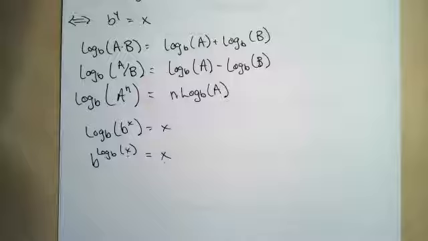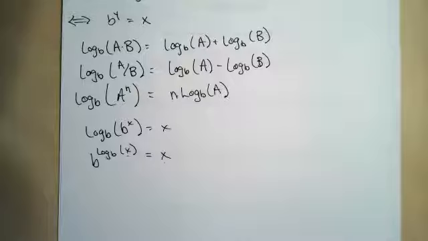Anything else with that? Of course, if we don't write the base, log means base 10, and ln means natural log, base e. I think that's basically it for logs, just in terms of the formulas.